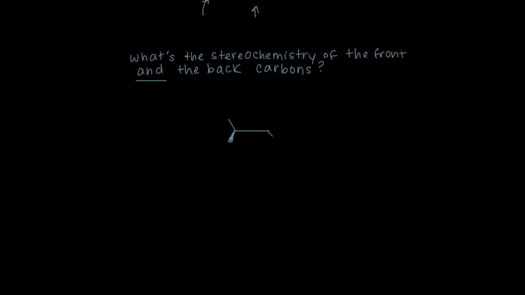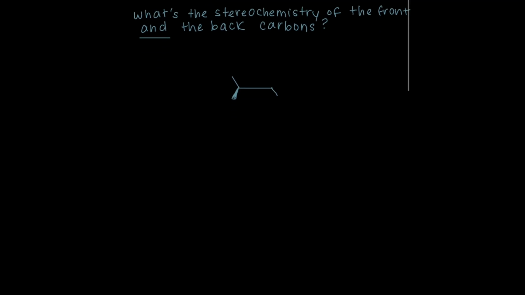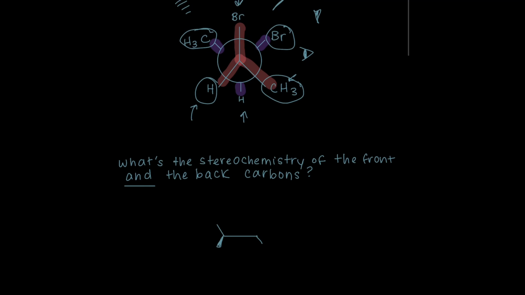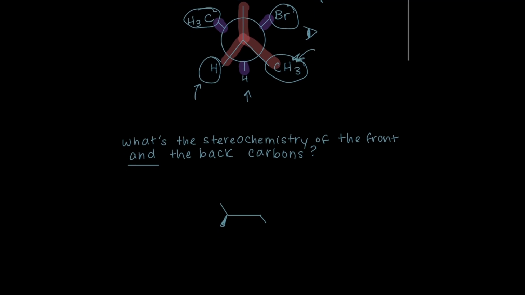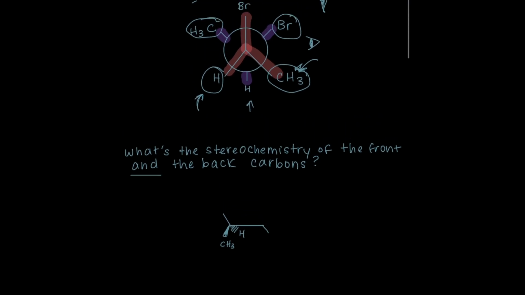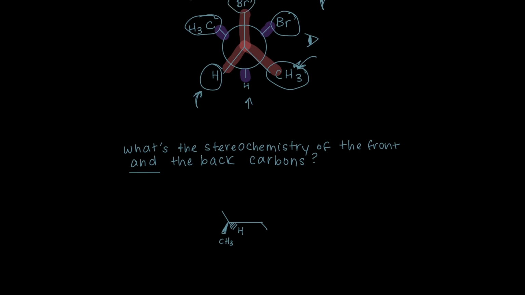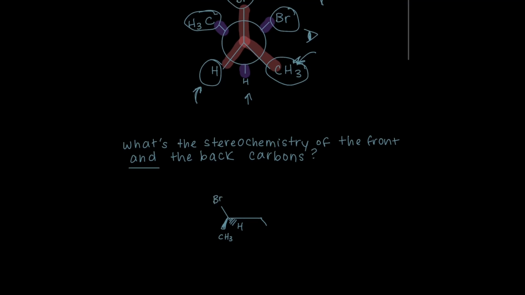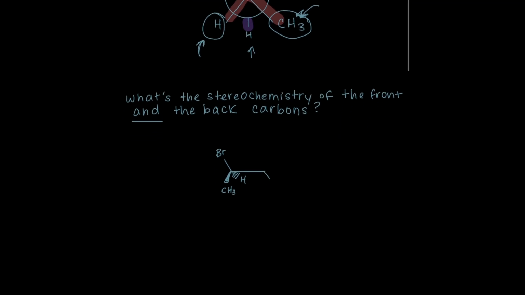So this right here on the right, which is going to be our wedge, is going to be this methyl group. Then we're going to have our little hydrogen that's on the left over here be what's behind us, like what's going away from us. And then this is going to be this bromine right here, because it's just up and down, right?